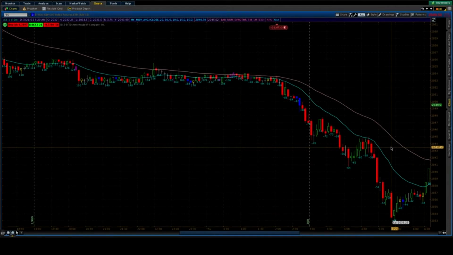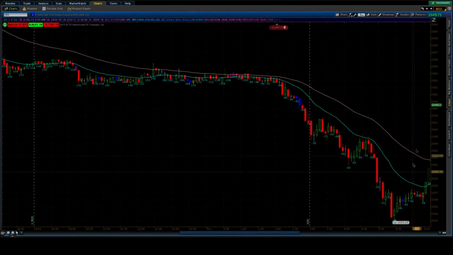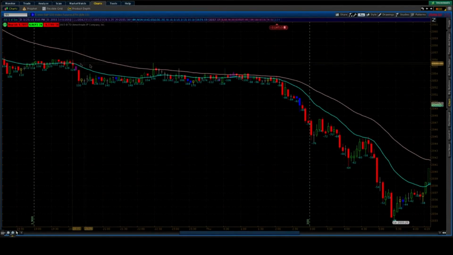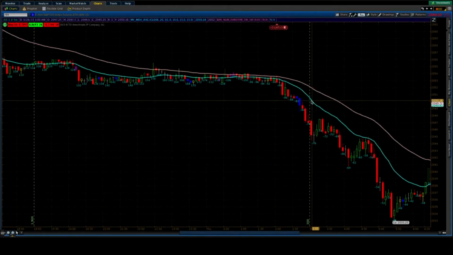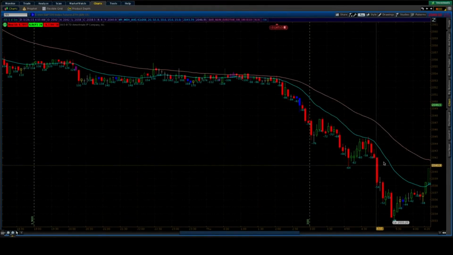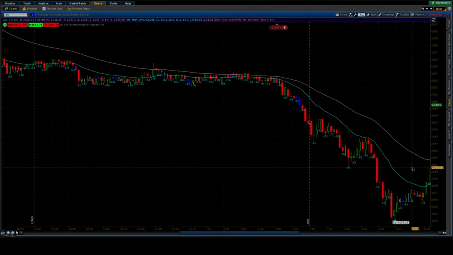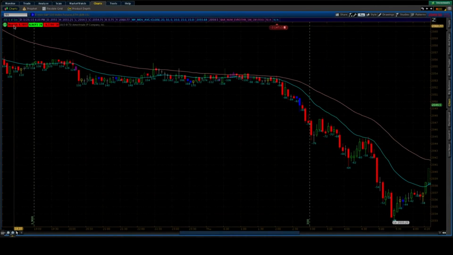I don't know how many people are going to watch this, but there's also a point to be made about the relationship between these two moving averages. As you can see, the 50 moving average is above the 20 period moving average. There has not been a cross of the 20 period over the 50 period. When that happens, this signal right here will turn green.